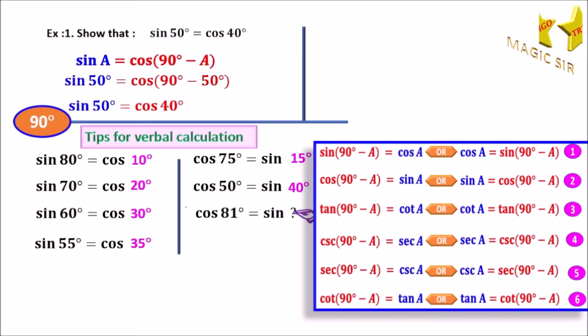Cos 81 degrees is equal to sine 90 degrees minus 81 degrees is equal to sine 9 degrees. Cos 45 degrees is equal to sine 90 degrees minus 45 degrees is equal to sine 45 degrees.